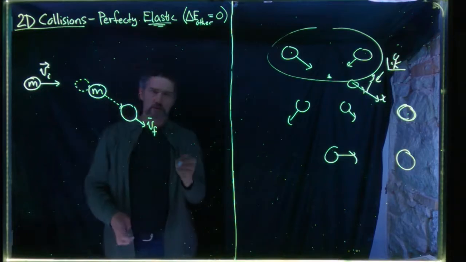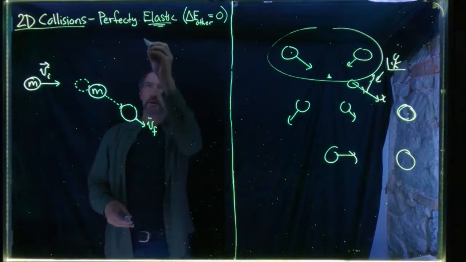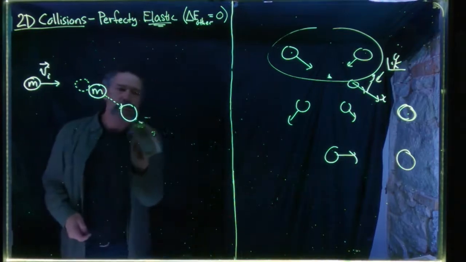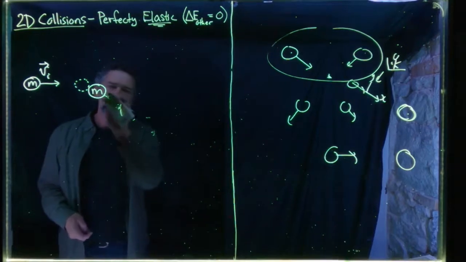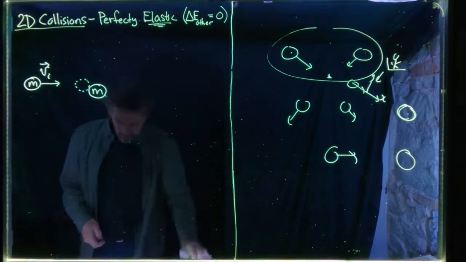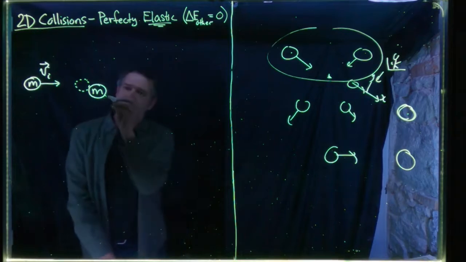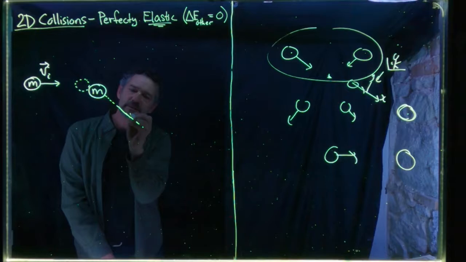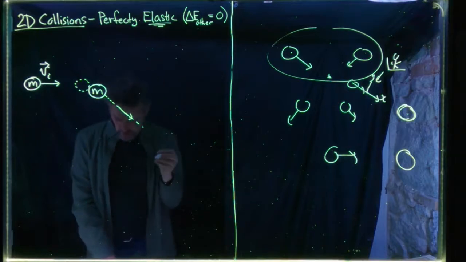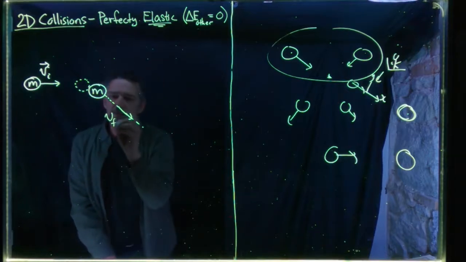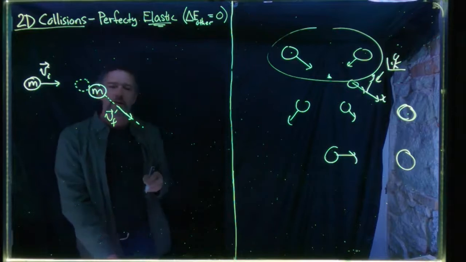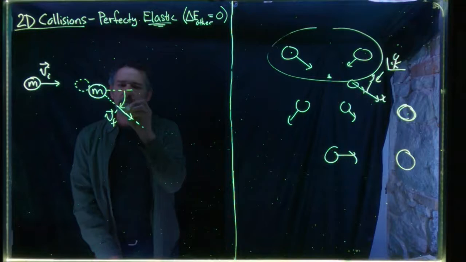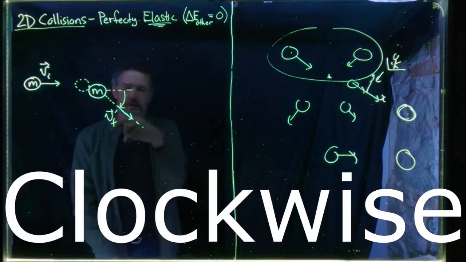Actually, let me just get rid of the ball, because we're going to run out of room here. Okay, so what we've got is this colored ball takes off like this, and it's got some velocity, which we'll call v final prime.